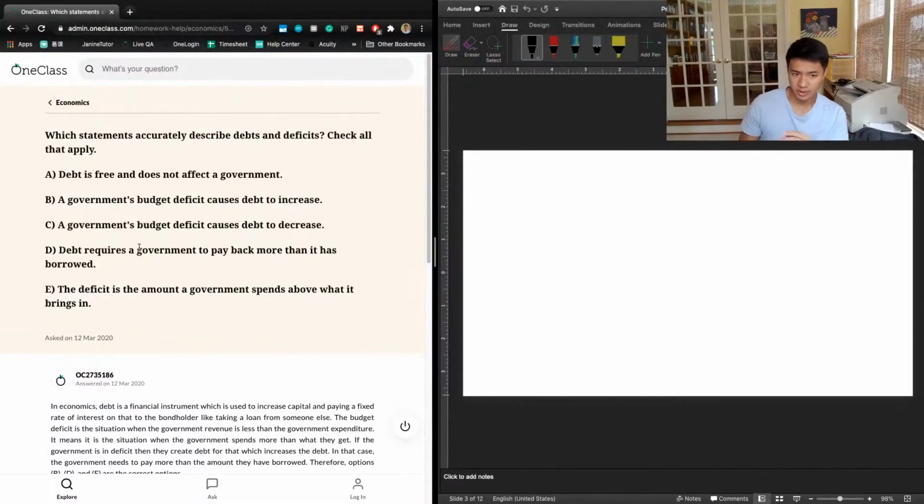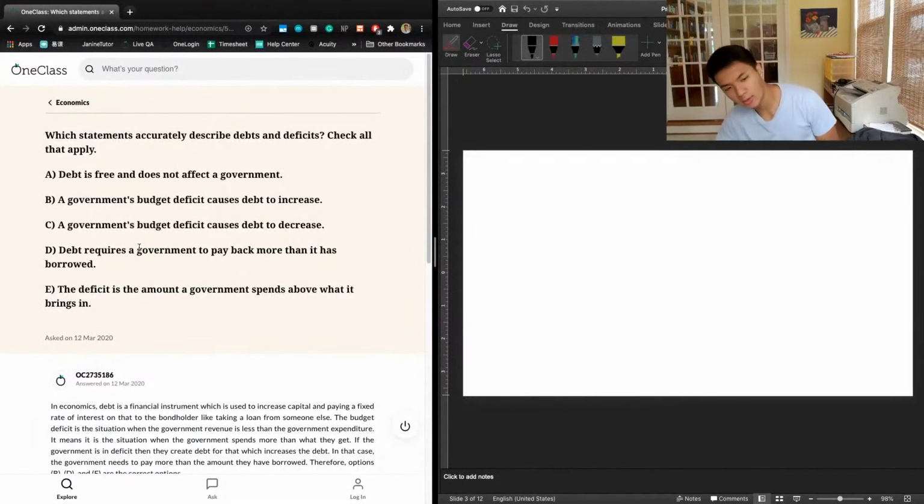B says a government's budget deficit causes debt to increase. That's true. We know that if the government runs a deficit, that gets added to the already existing debt to result in our new debt, right? So B is definitely correct. C says a deficit causes debt to decrease. That's not true. We just said it causes debt to increase.